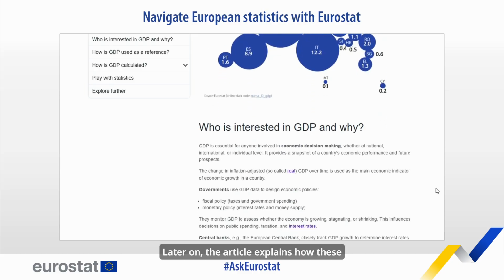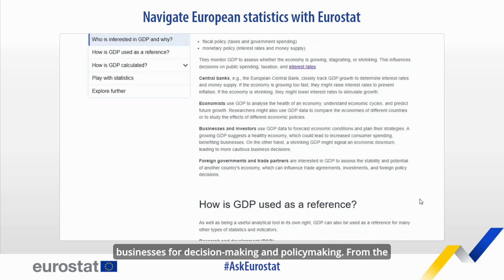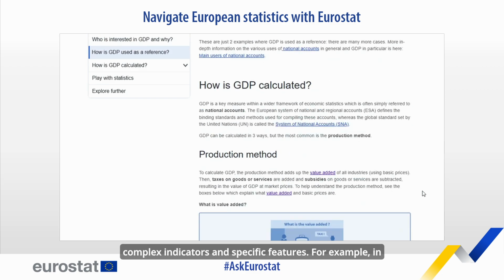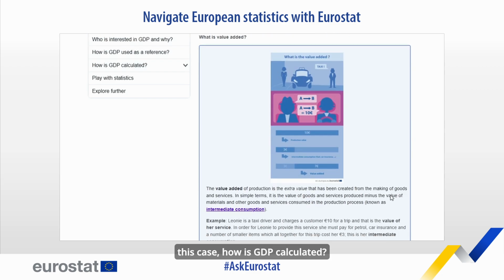Later on, the article explains how these statistics can be relevant for you as a citizen and how they are used by governments, banks, and businesses for decision making and policy making. From the basic concepts, you can then move to more complex indicators and specific features, for example, in this case, how is GDP calculated?